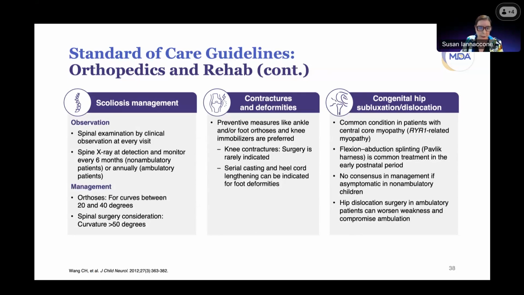The rules regarding when you do spine surgery don't necessarily apply to this population. And we may actually want to do surgery in early childhood if the curve is extremely severe and interfering with respiratory function.